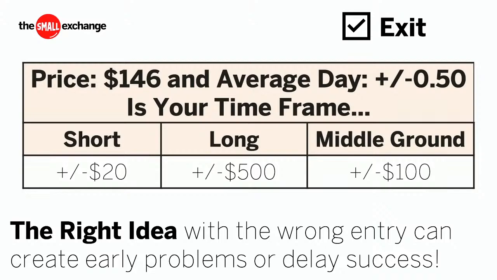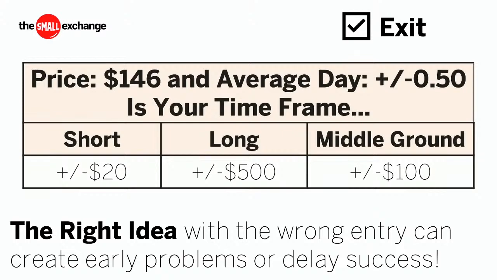Here, it's usually about time frame and pairing what we talked about on the entry, realistic expectations, with what your time frame is here. Going back to this example, market's at 146. It moves about 50 cents on a given day. If I'm looking for just like a scalp, an intraday trade, $20-30, that is a nice profit and loss marker.